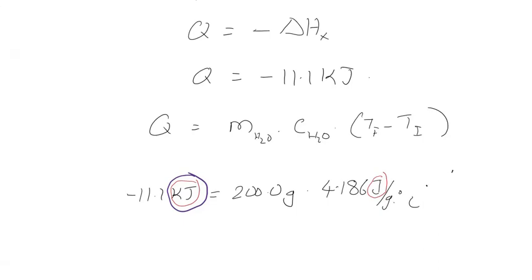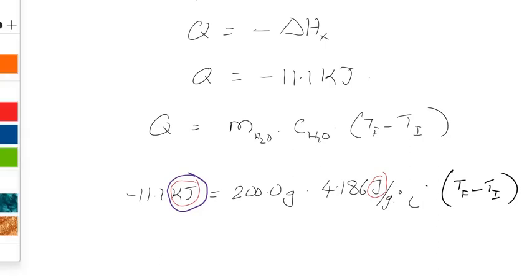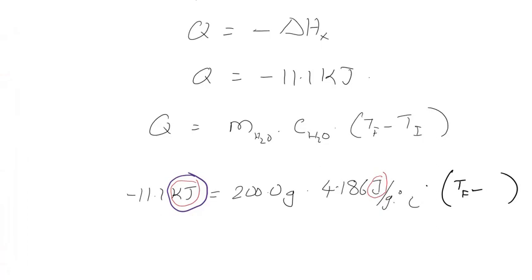And we have Tf minus Ti. Our Ti value is already known to us, it is 25.